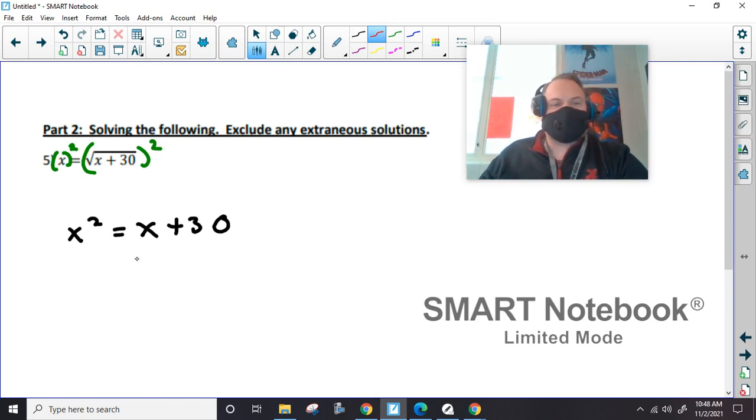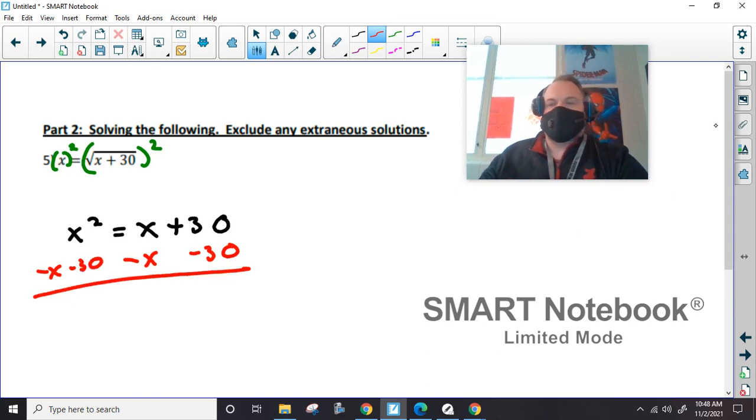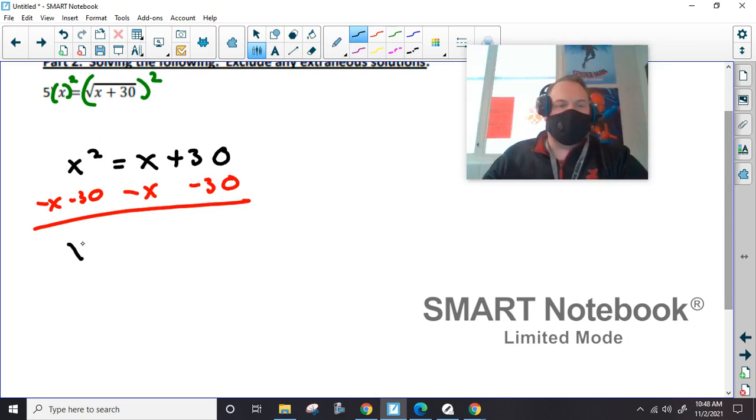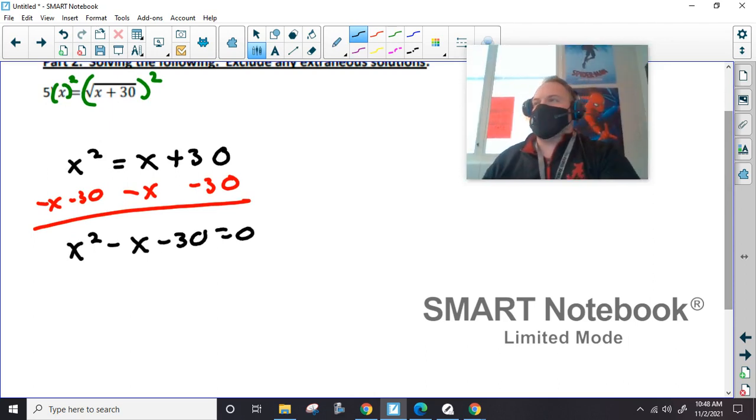Okay. We have to move everything over. All right. You can do it all at once or you can do it a piece at a time. So we get it to equal 0. And then we solve by factoring.